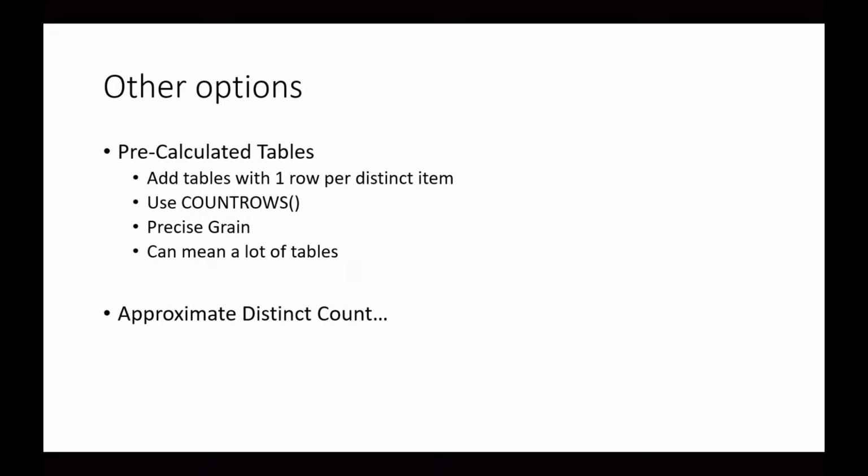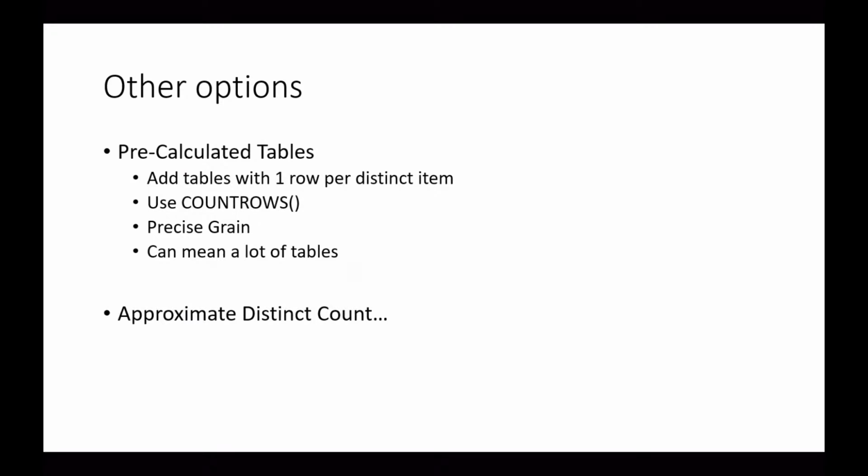However, the pre-calculated table needs to be precisely matching the grain of your query. So if someone then drags in a column to say, I just want to look at people who are left-handed or right-handed or some other way to split things up, you can't use that pre-calculated table. You need to then jump to another pre-calculated table which now has exactly 1 row per grain for that dimension selection. So what you gain in terms of performance and memory usage, it'll cost you in terms of managing and maintaining the number of aggregate tables.